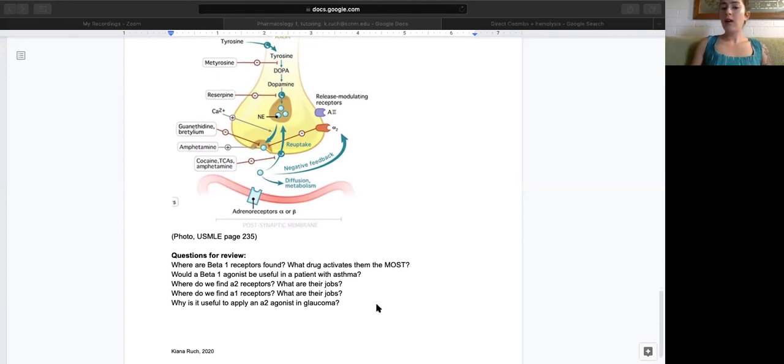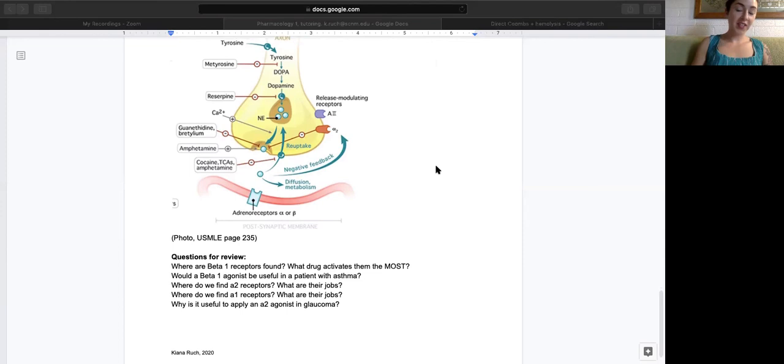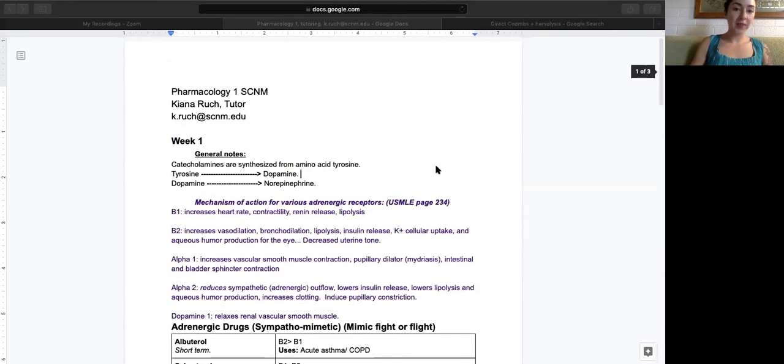Where do we find alpha-1 receptors and what are their jobs? Alpha-1 receptors are found on the postsynaptic membrane, and their jobs are very similar to any other adrenergic receptor.